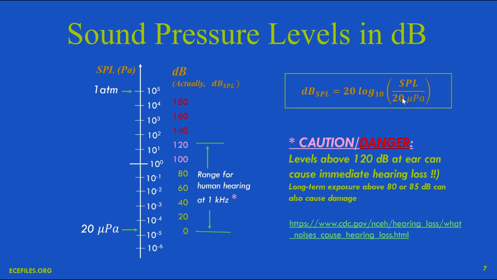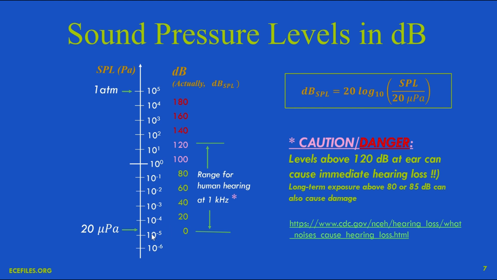So we take log base 10 of that. Log base 10 of 10 is 1. And then you do that times 20, and that means you're up 20 dB. So that's why we went from 0 to 20 when we only went up by a factor of 10.